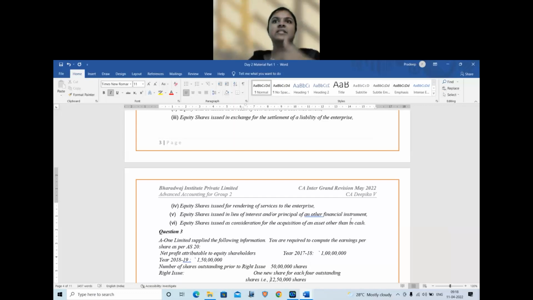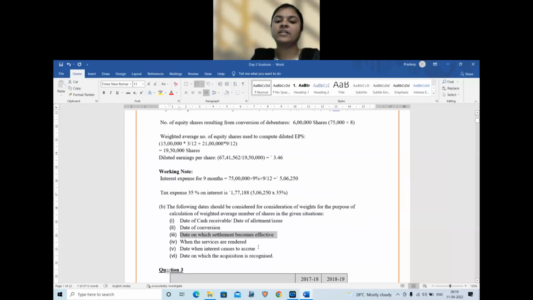So the date on which this exchange takes place, shares will become effective, interest will stop. So your answer will be the date on which the interest ceases to accrue. You can write the date from which interest is not being charged. Use terminology such as accrual.